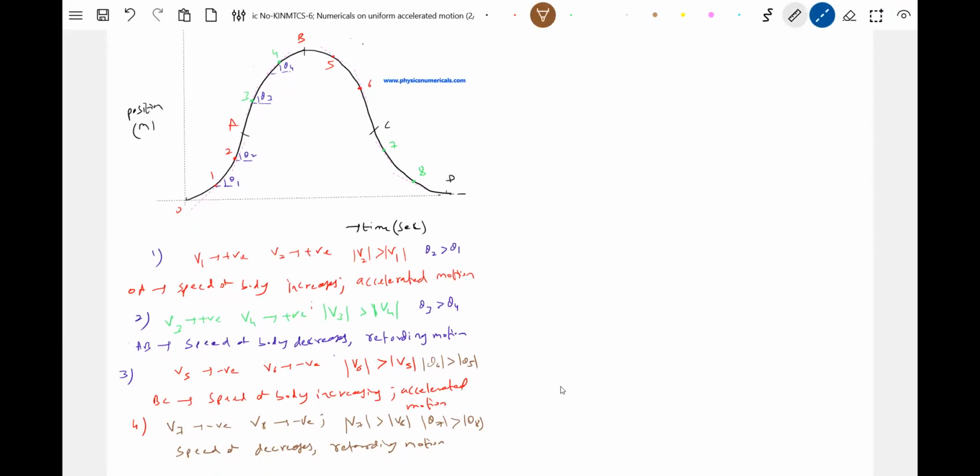Okay, this motion will represent practically how it occurs. First, what is a motion?